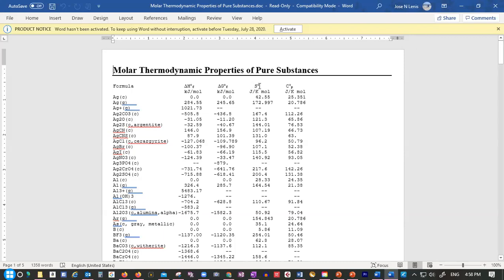And we have here the standard entropies. Remember, here we are using absolute values, whereas here and here we are using relative values that depend on the final and initial conditions. In this chapter, we are going to focus on these 3 columns.